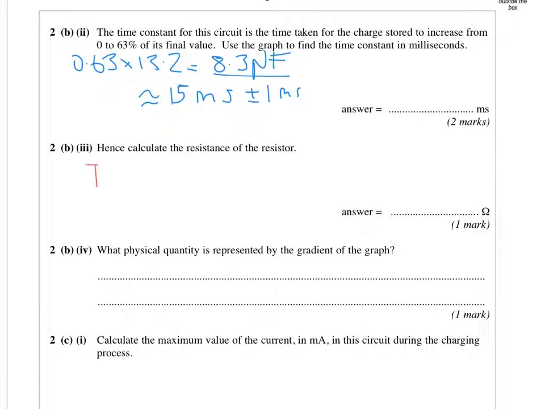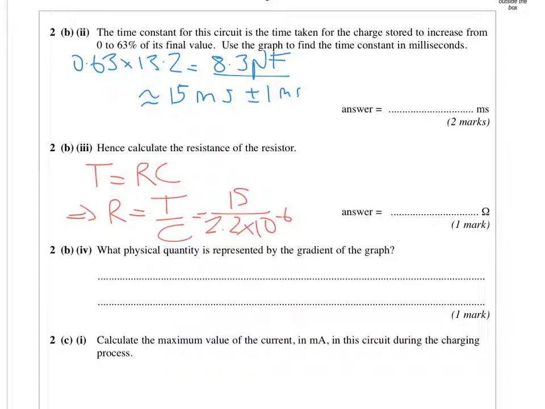We should know the time constant is RC. So R would be T over C, which is 15 divided by the capacitance value we got earlier, which gives you an answer of 6.8 times 10 to the 3 ohms.